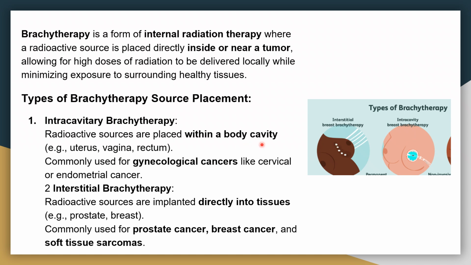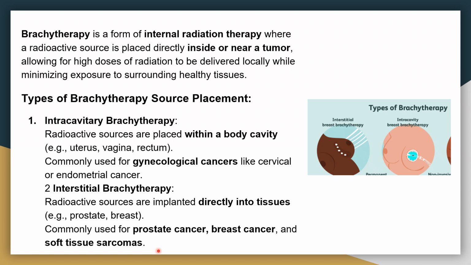As far as brachytherapy is concerned, we have the intracavity and interstitial. This is just for your knowledge: intracavity means where the radioactive sources are placed within the body cavity. That's why it is called intracavity. It is commonly used for gynecological cancers like cervical and endometrial, where we put the seed or that material into the bodily cavity.